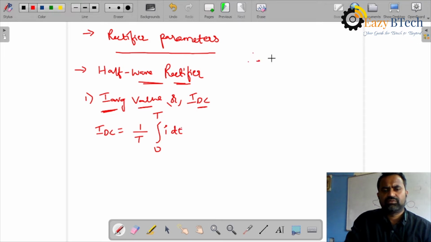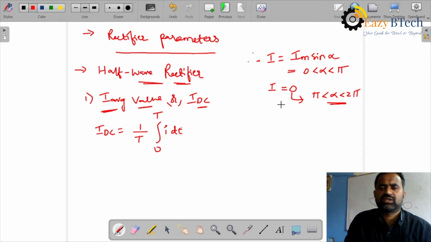We know that current i is equal to Im sin alpha in the interval 0 less than alpha less than pi, and i is equal to 0 in the interval pi less than alpha less than 2 pi. This is from yesterday's session. This is the current for a half-wave rectifier. It conducts only from 0 to pi; from pi to 2 pi it does not conduct.